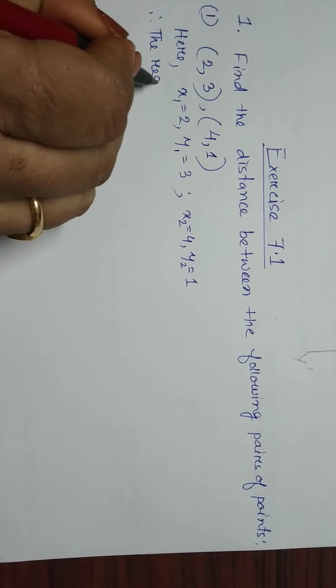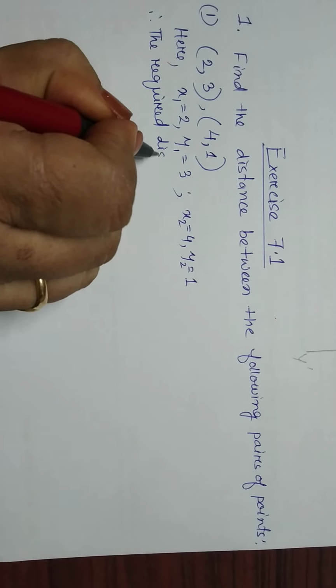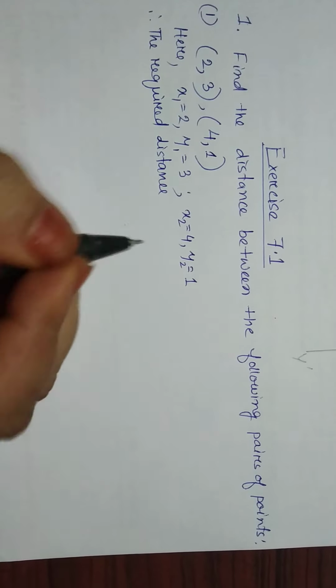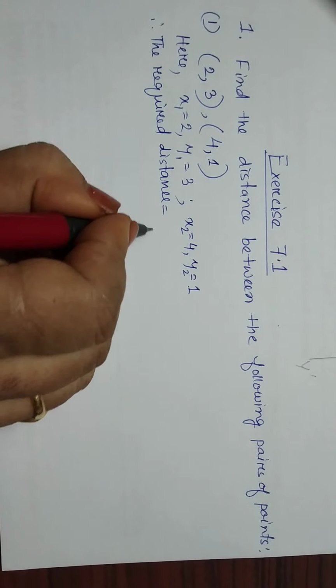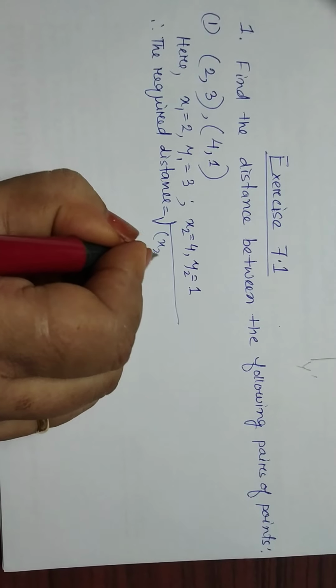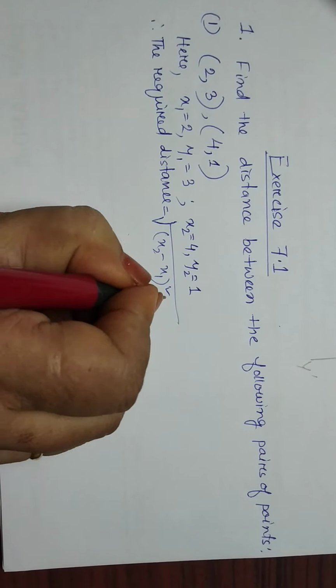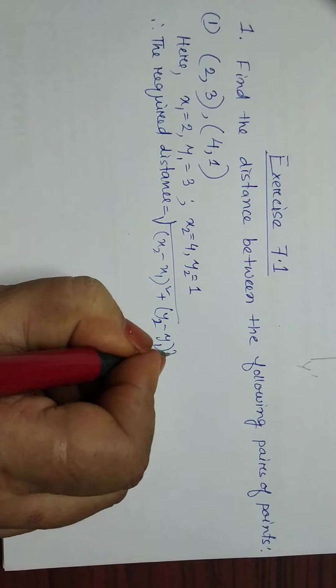Then the required distance is equal to the square root of x2 minus x1 whole square plus y2 minus y1 whole square.